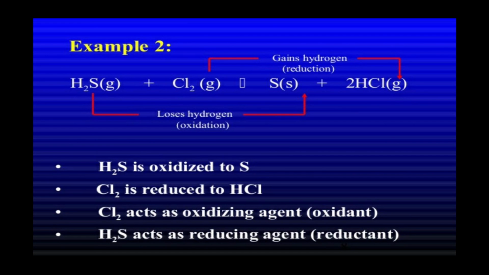Though chlorine itself gets reduced, it helps for the oxidation of hydrogen sulfide and hence it acts as oxidizing agent. That is, chlorine here acts as an oxidant, while H2S, that is hydrogen sulfide gas, itself gets oxidized by reducing chlorine and hence it acts as a reducing agent or a reductant here.